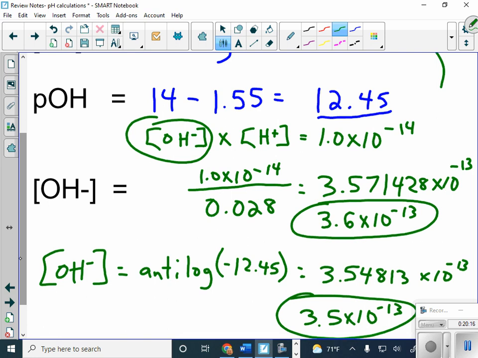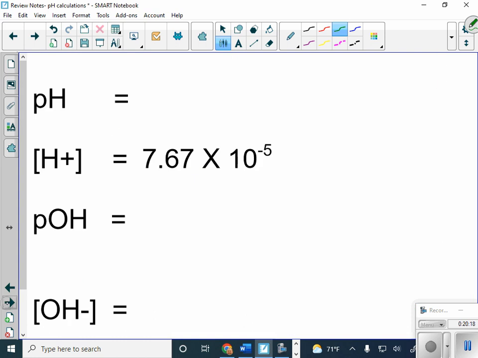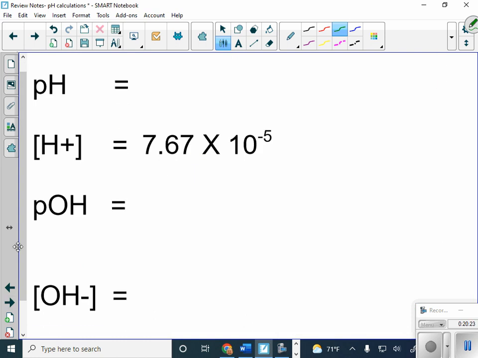All right. Go ahead and copy this down. We're going to work this one. Okay, we're going to now do this problem. We're just starting off at a slightly different place. So we're starting off with the hydrogen ion concentration.